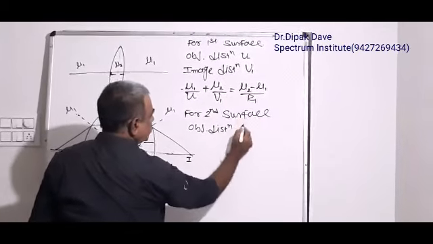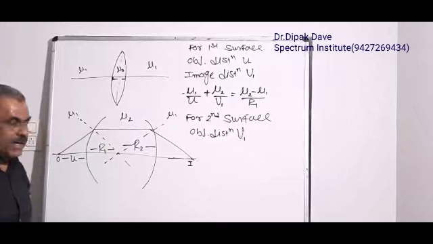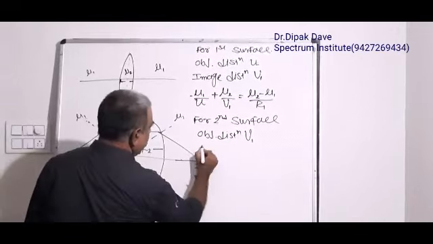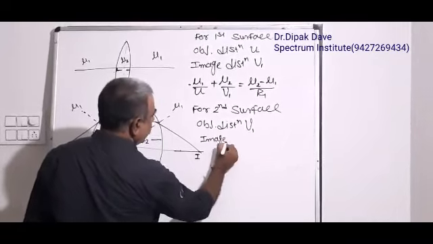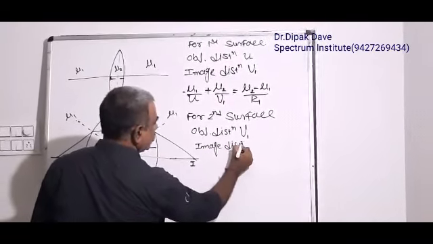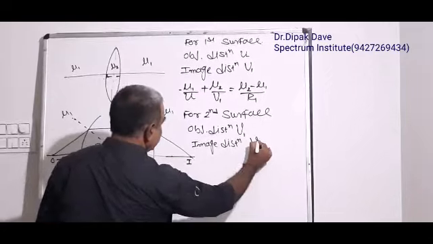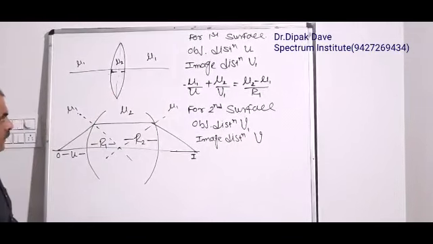The image distance of the first will be the object distance of the second, and let's say the final image is at distance V.